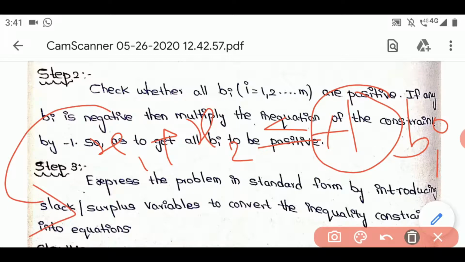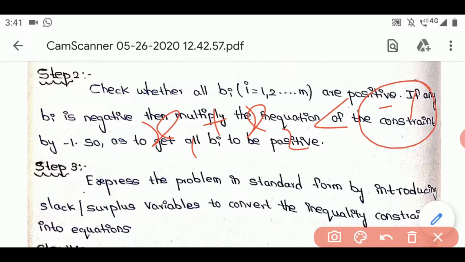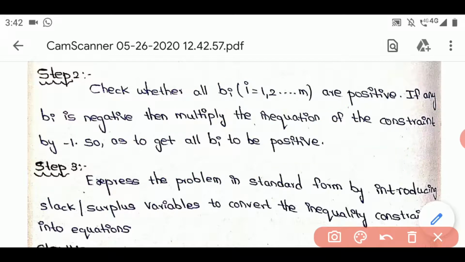If there is a negative sign, for example x1 plus x2 is less than or equal to minus 1, then we have to multiply the full equation by minus 1, and only then can we go to step 3. That is what we have in step 2: check that all bi are positive. If any bi is negative, multiply the constraint equation by minus 1. Then we go to step 3.